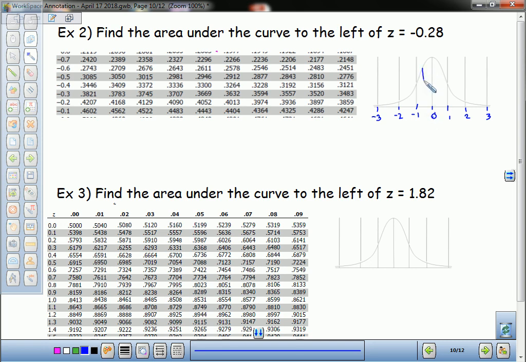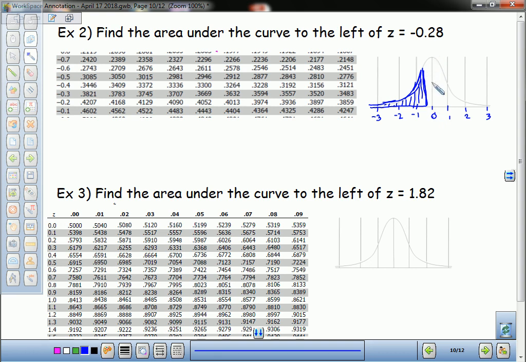That's almost a third of the way, right? So that would be everything under the curve over here, all this stuff. Do you think that area is going to be bigger than our last area? Oh yeah.